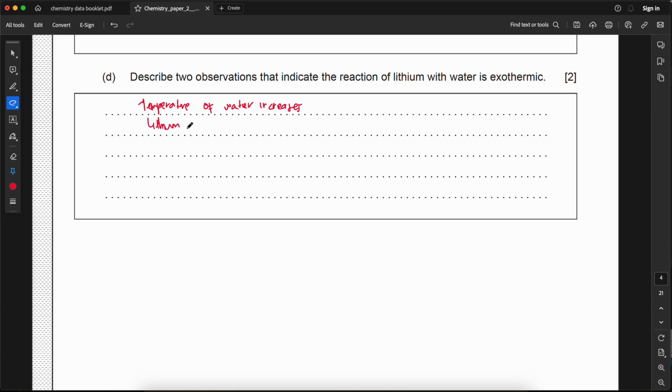And lithium melts because lithium reacts with water and it will melt. This metal will melt and release heat. Or a pop sound is heard.